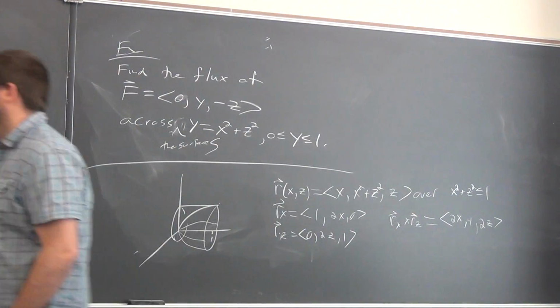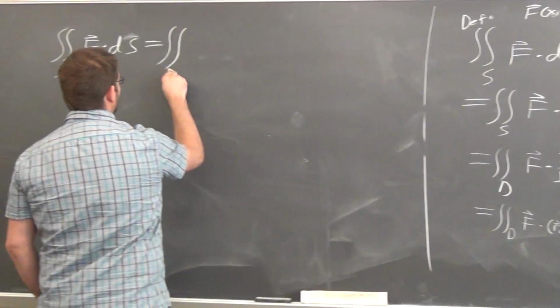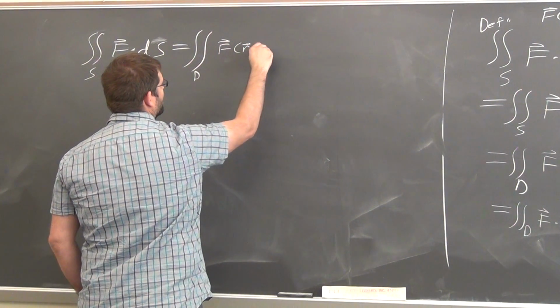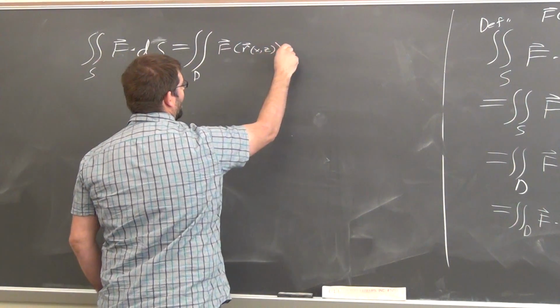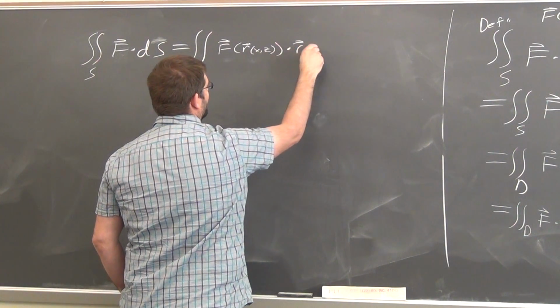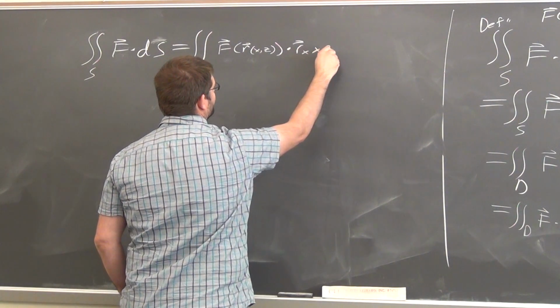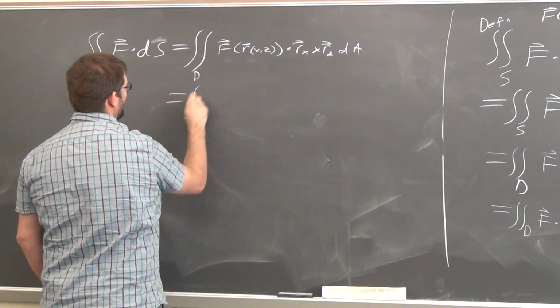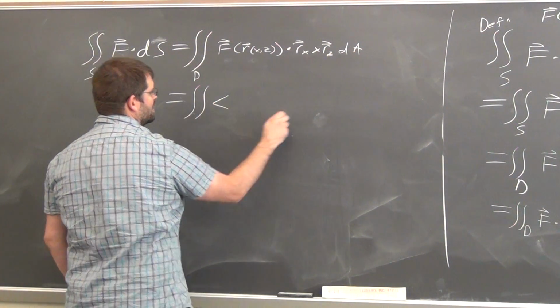Let me write it this way. It'll be over our region, f of your vector, in this case a vector of x and z, dotted with your cross product. Let me write these as vectors.